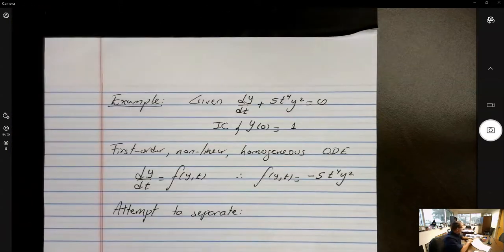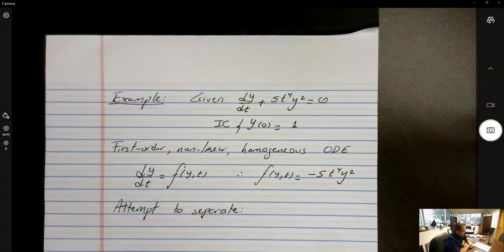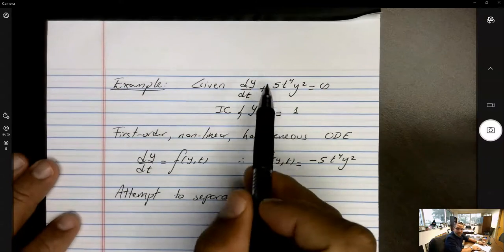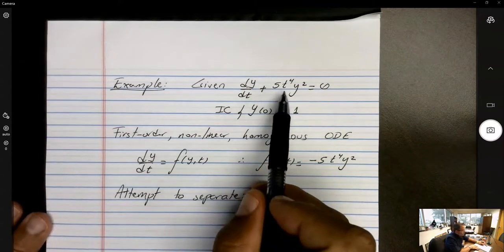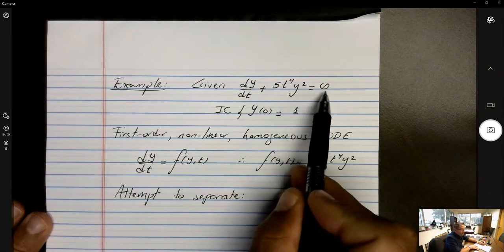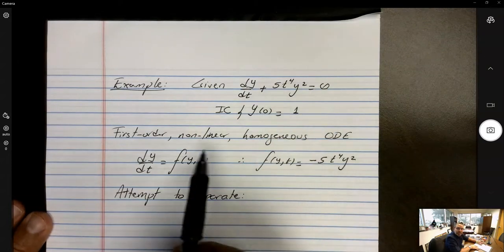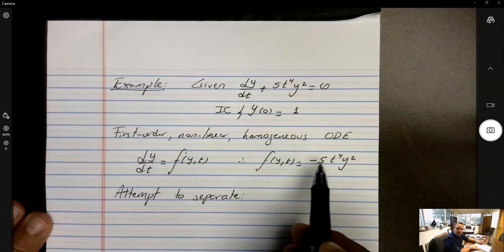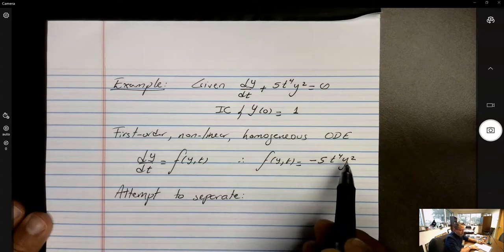By the way, it's needless to say that not all ODEs, first order ODEs, are separable. Only a very, very small subset of them, in fact, are separable. And when they're separable, they're easy to solve. So I can take that equation and attempt to bring the y's to one side and the t's to the other side. Because the right hand side is equal to 0, it's pretty simple. I can take dy dt is equal to minus 5t to the 4th y squared.